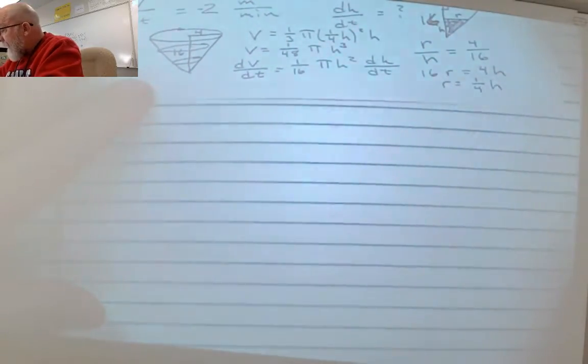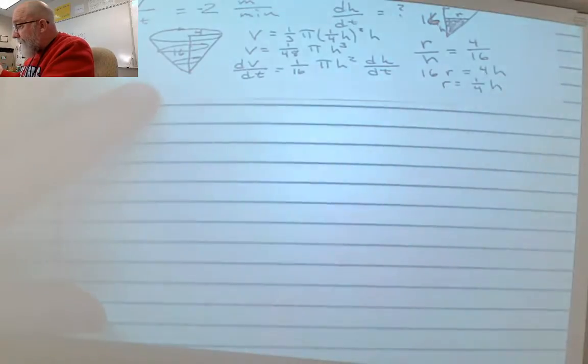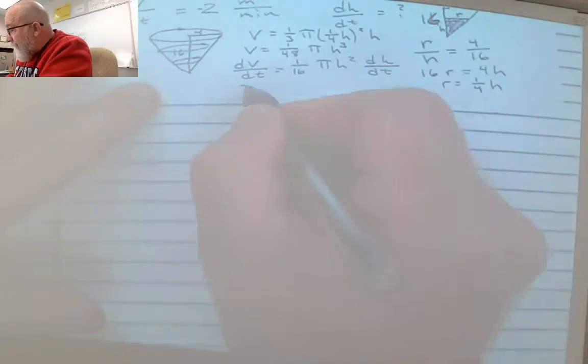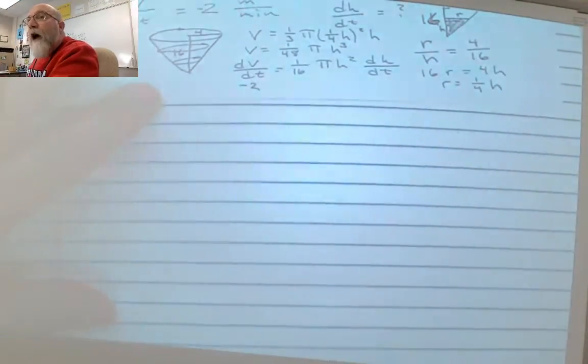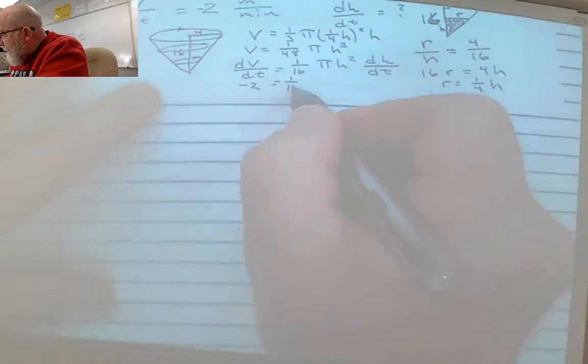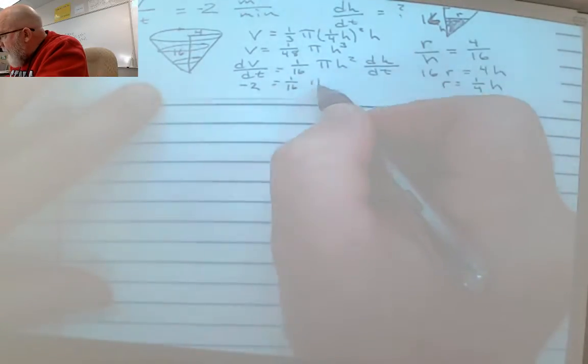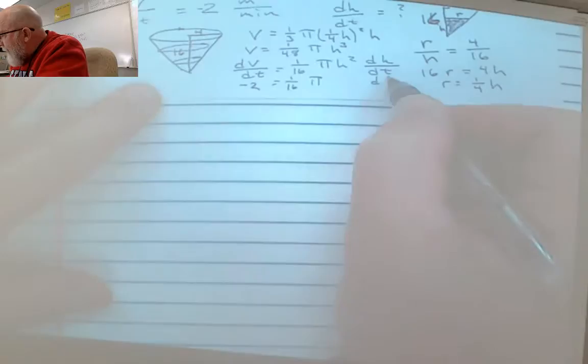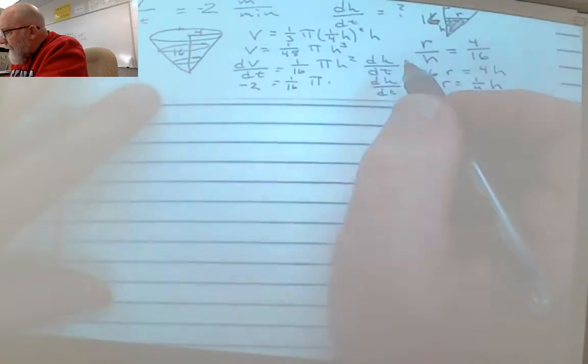Okay. Now I can plug in stuff. This is a -2 because Jonathan said it's negative, correct? This is 1/16. This is pi. This is dH dt. What do I need here?